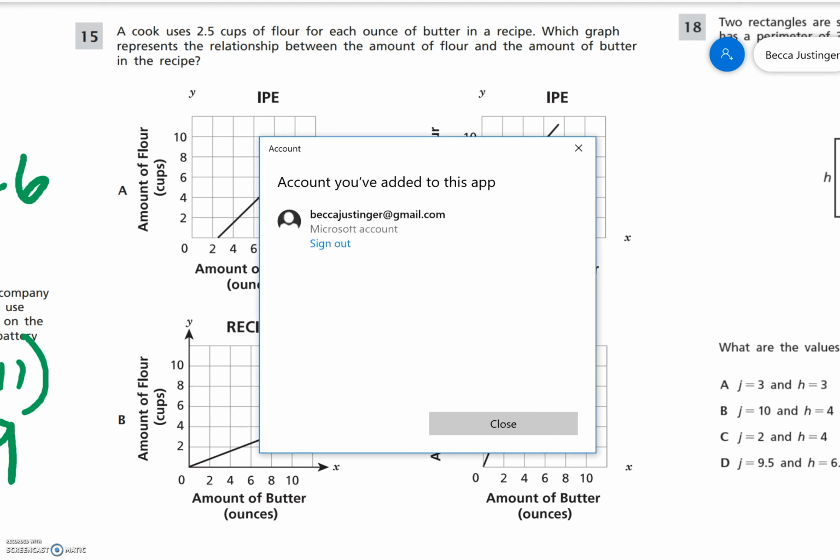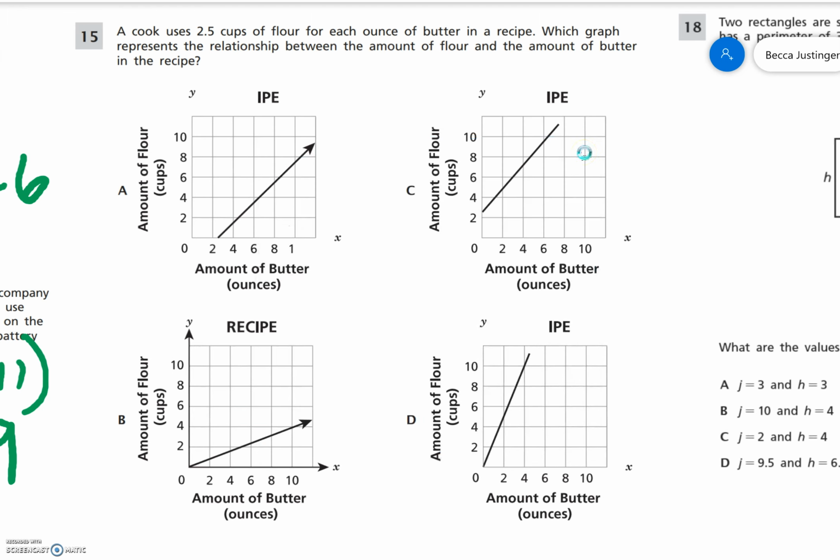Next one, a cook uses 2.5 cups of flour for each ounce of butter in a recipe. Which graph represents the relationship, the amount of flour and the amount of butter in the recipe? Well, if we use no butter, we're not going to use any flour, so we have to start at 0.